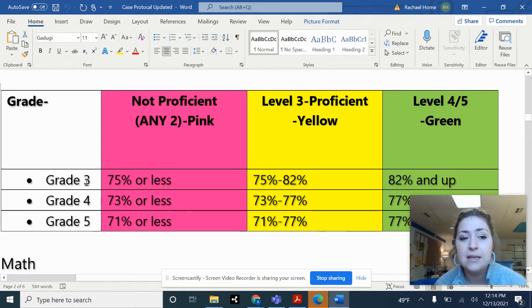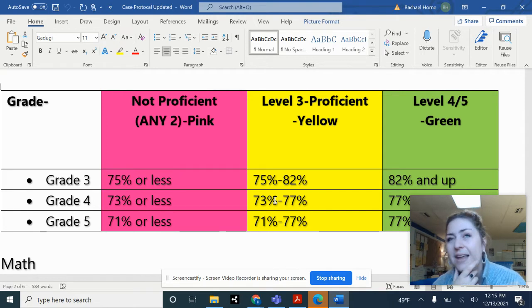If a kid is in grade 3, in order to be considered proficient, they need to make 75% or more in ELA. If a kid is going to be proficient in grade 4, 73% or higher, grade 5, 71% or higher. Anything lower than those percentages, they would be considered not proficient.